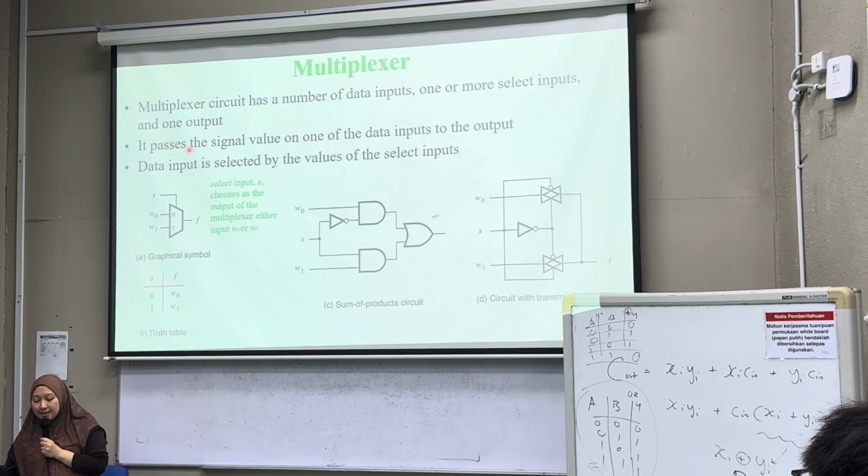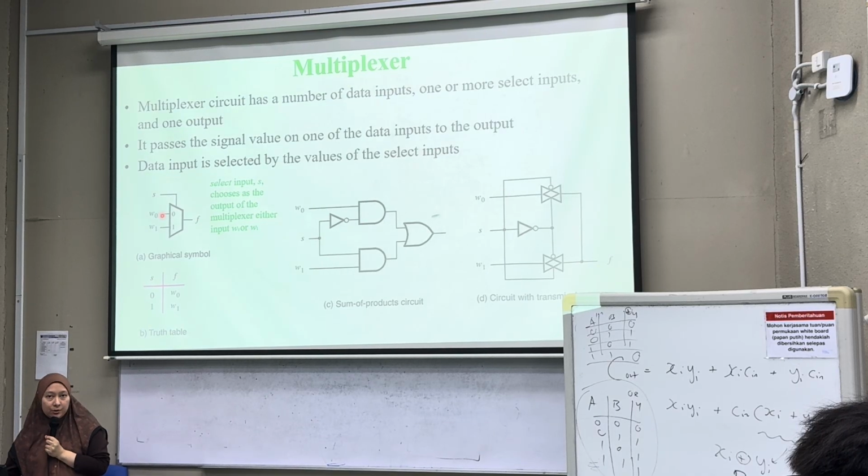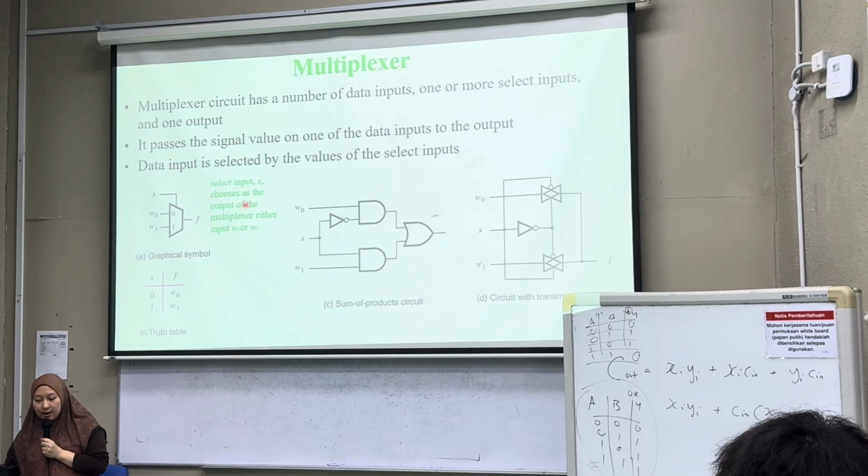It passes a signal value on one of the data inputs to the output. The data input is selected by the values of the select inputs. So here you've got a truth table. S is your select. If S is 0, F will be equal to W0. If S is 1, F will be equal to W1. So the select input S chooses as the output of the MUX either input W0 or W1.